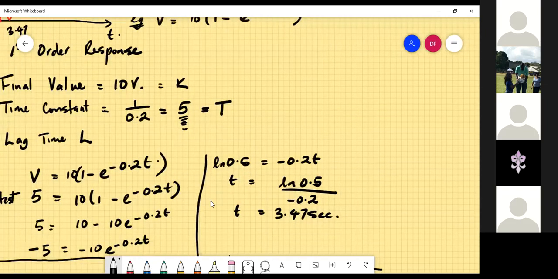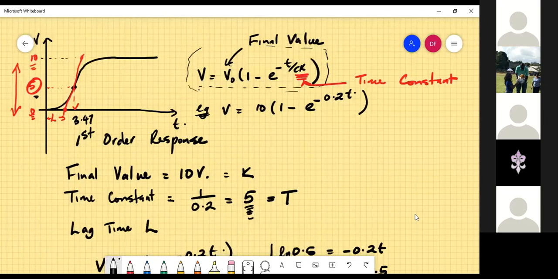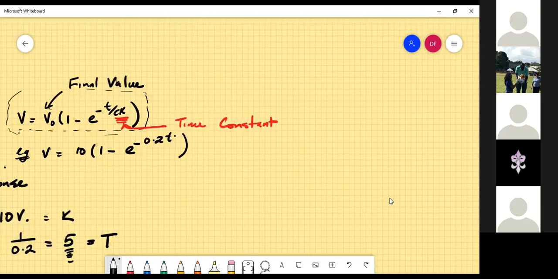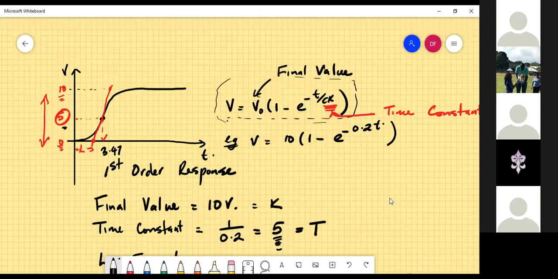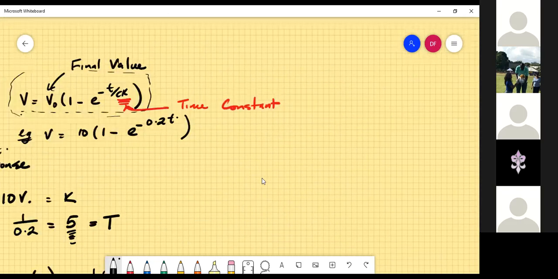So now the lag time is going to take a little bit of work. So this is a line, and now we want to find the equation of a line.